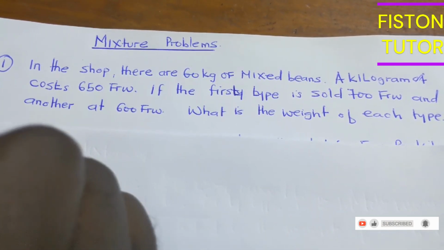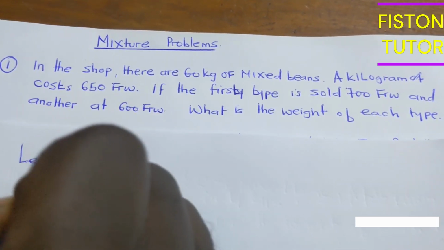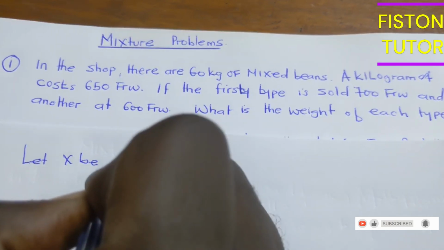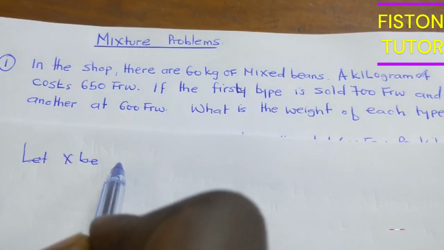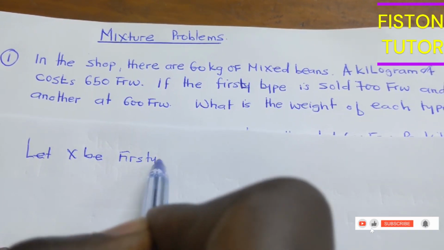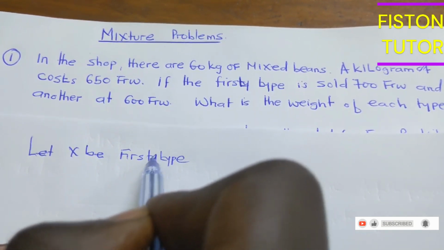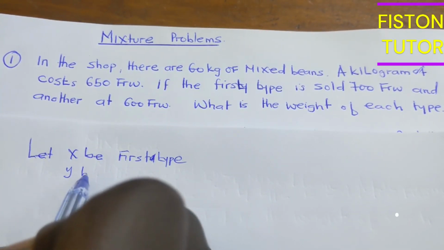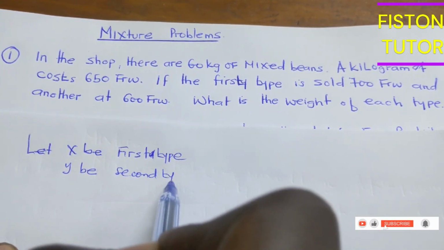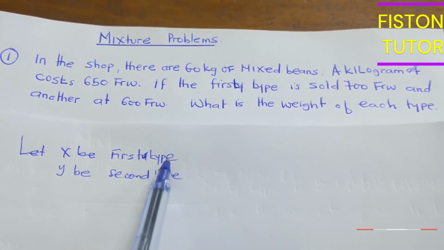Here we have to let X kg be the first type and Y kg the second type. Why choose X to be the first type?